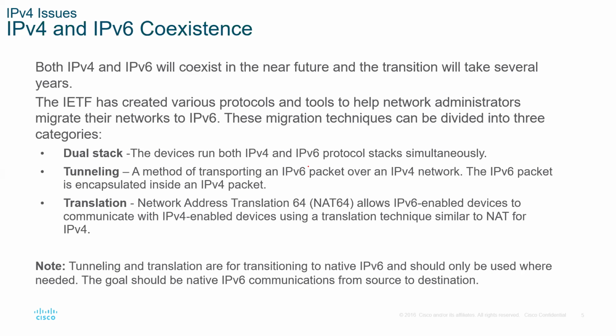How are they coexisting? One, we have what we call dual stack. The devices run both IPv4 and IPv6 protocol stacks simultaneously. So with dual stack, a network interface can be configured with both the IPv4 and the IPv6 addresses.